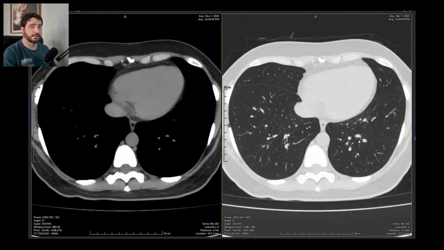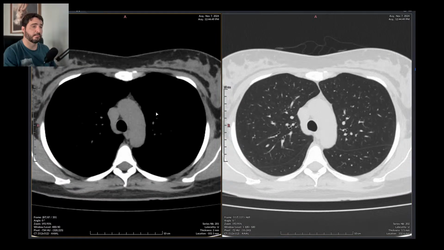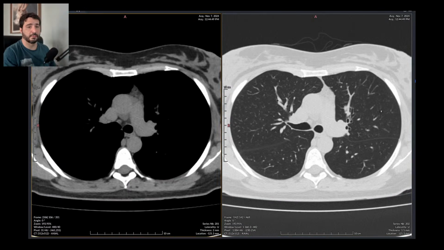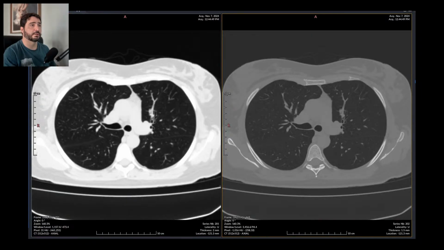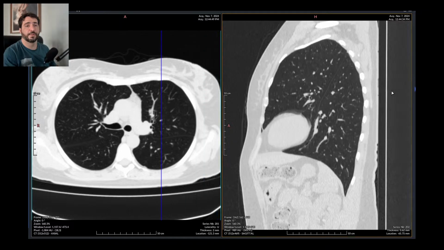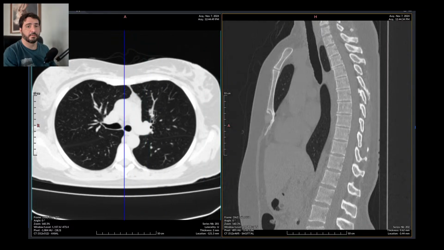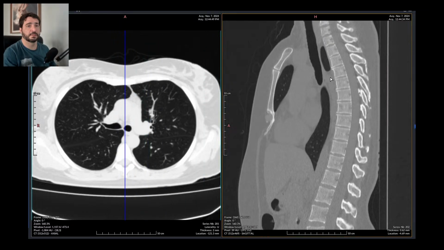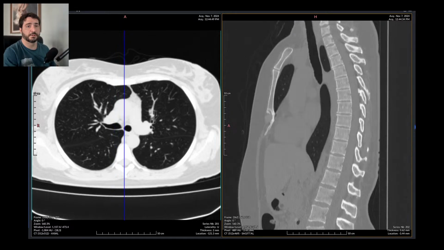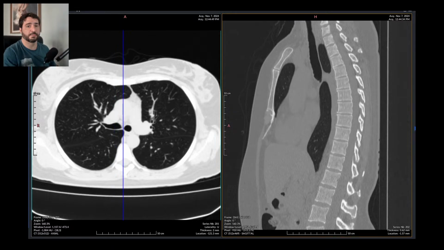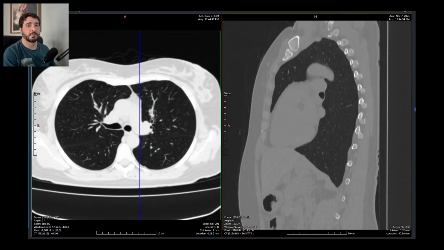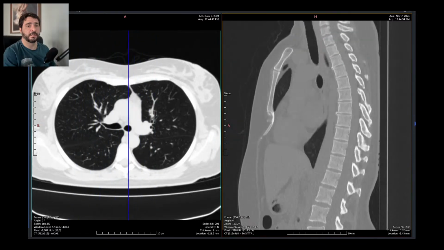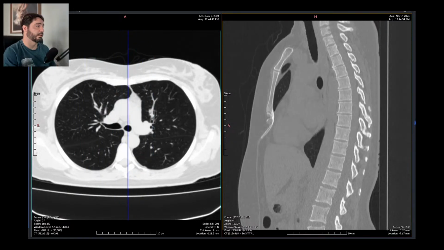And so it is what it is, nothing major, just micronodules, and we go on our way. I'm just going to check for bone lesions right there. Yep, right there, some spondylosis, some mild degenerative features on the spine, which isn't a major sign of anything really, just regular aging.